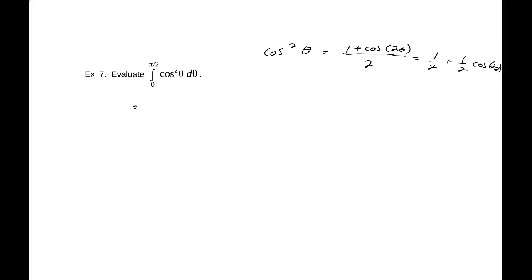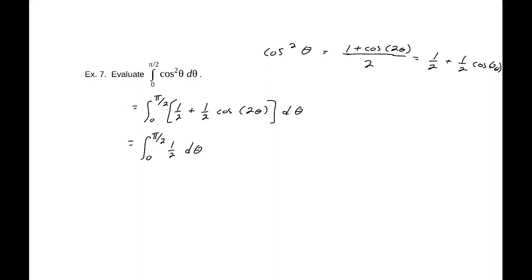So what this becomes is the integral from 0 to pi over 2 of 1/2 plus 1/2 cosine 2 theta d theta. Let's put this in brackets. Okay, well, the first part, I'm going to treat this as two integrals, actually.